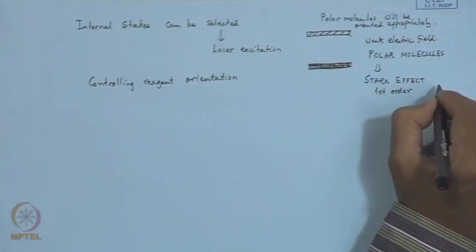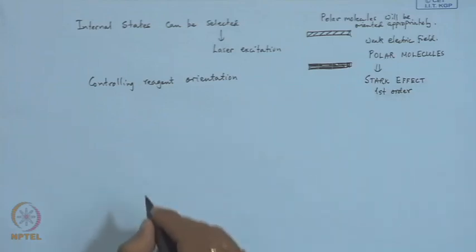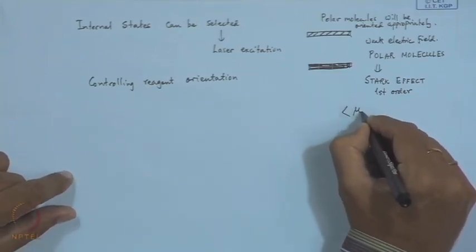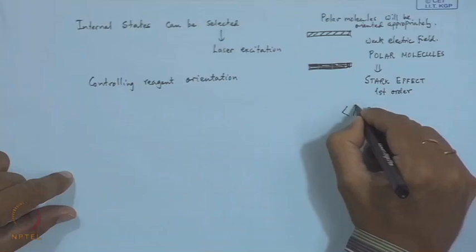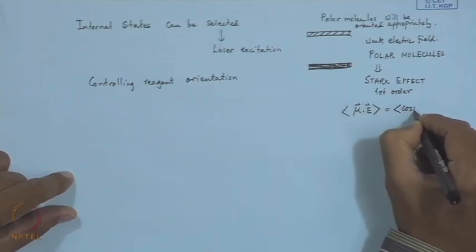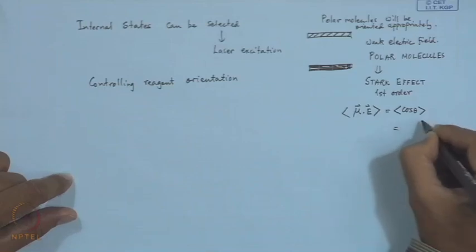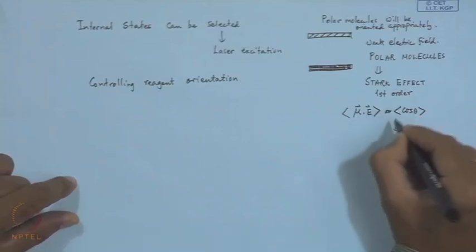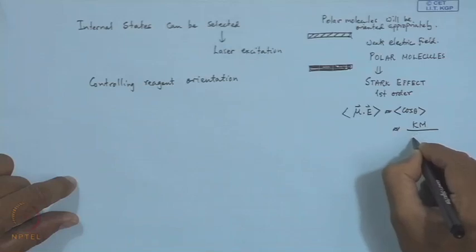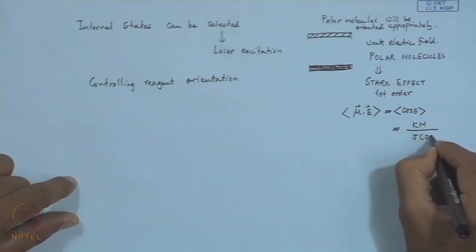The average angle between the field and the dipole moment, mu dot E cosine theta average, goes as Km divided by j into j plus 1.